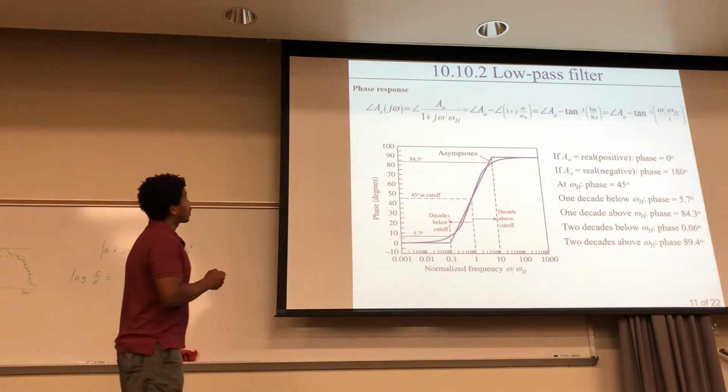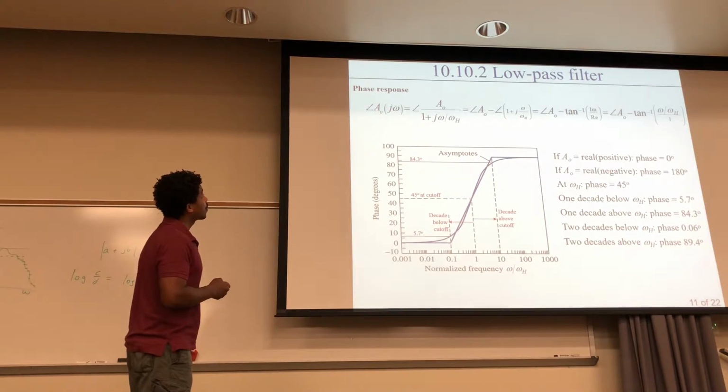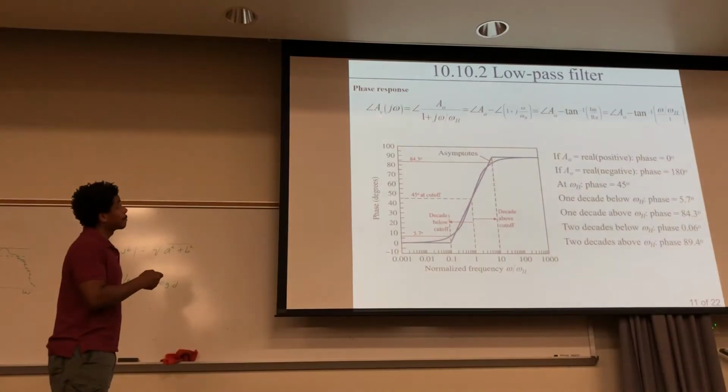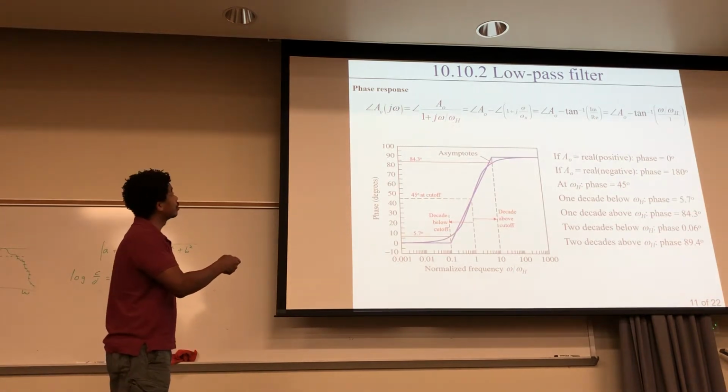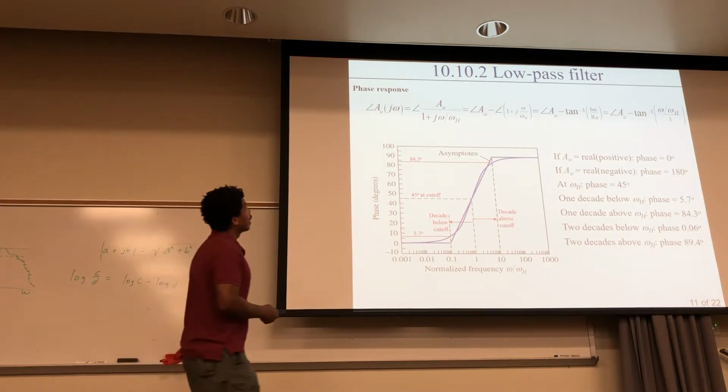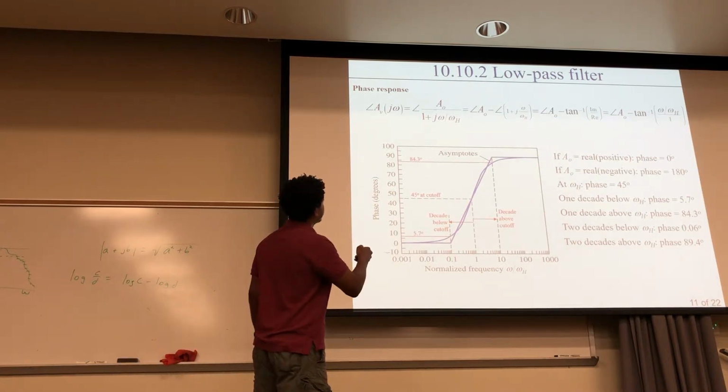Your phase response right here. So for your phase, you just look at the angle of this, which can be described like this. It's in this form. Remember, this is the S over omega H. And you can describe it like this angle minus that angle right here. And this piece right here is just your imaginary over real. Your imaginary part is this piece.